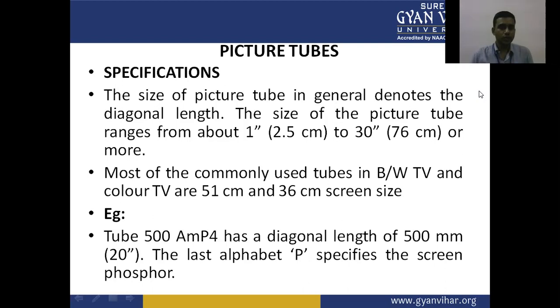And a picture tube is a device or tube, a CRT, which develops the picture on the screen through the electrical or video signal. The size of the picture tube is generally denoted by the diagonal length. The size of the picture tube ranges from 1 inch to 30 inches or more.